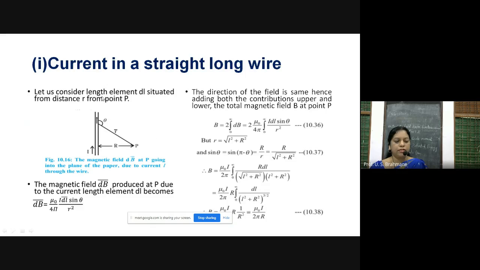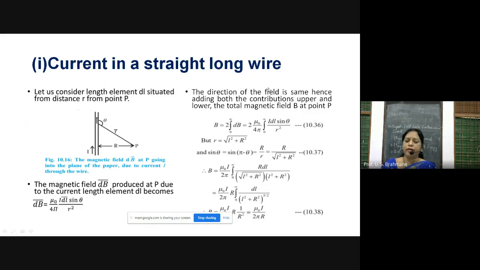Let us consider a length element dl situated at a distance r from point P. The magnetic field dB vector produced at P due to the current length element dl becomes dB equal to mu 0 upon 4 pi, I dl sine theta upon r square. That is the Biot-Savart law.